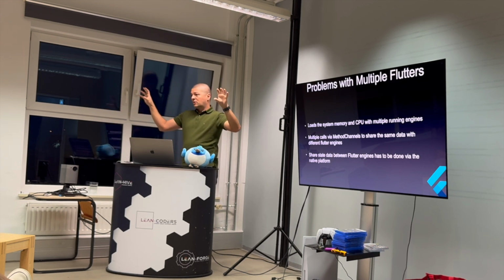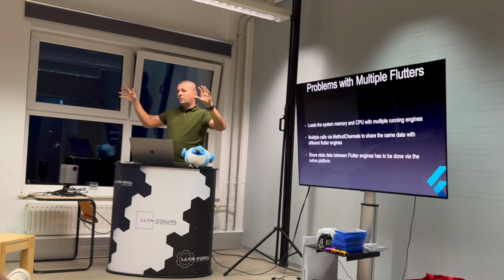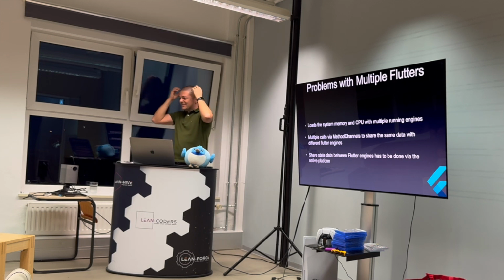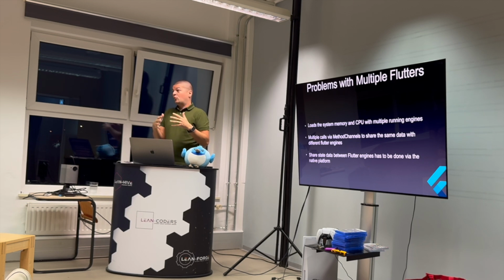They live in different Flutter engines, but when feature A does something, I need to update maybe the credit on feature B. Then I need to call a method channel to the native side, and the native side needs to keep track of that specific engine, and then it needs to tell, hey, the user is updated. He added new balance to his credit. And then you think, okay, this is not good. This is with 2, but when you end up with 3, 4, what do you do?